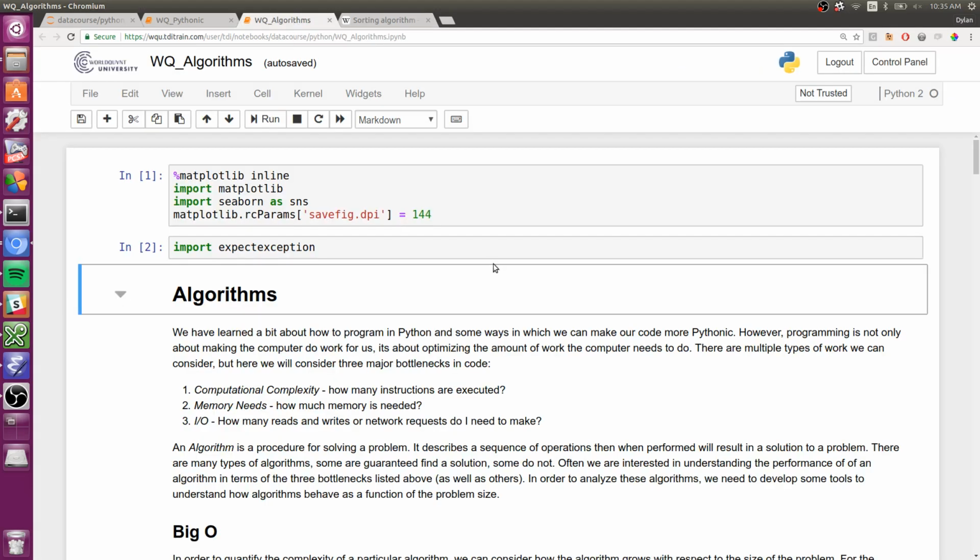And of course, algorithms is a huge portion of computer science and very mathematically inflected. But we're going to talk about a few concerns that should be in our mind when we're solving problems using algorithms by writing programs.